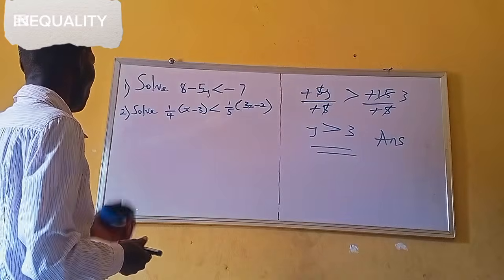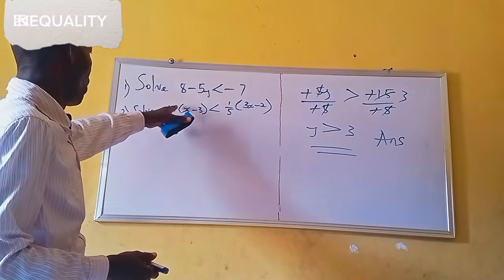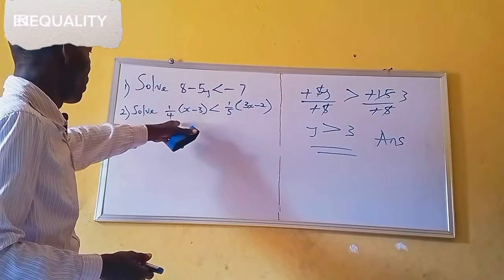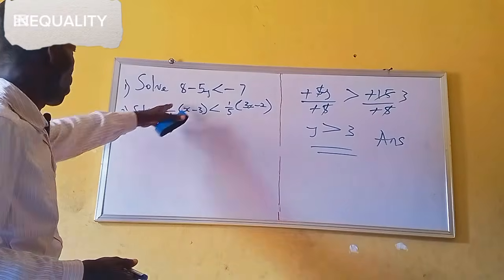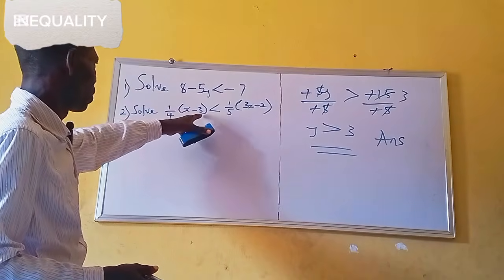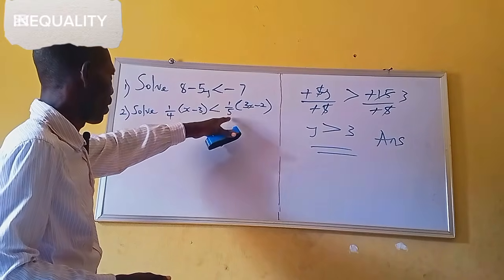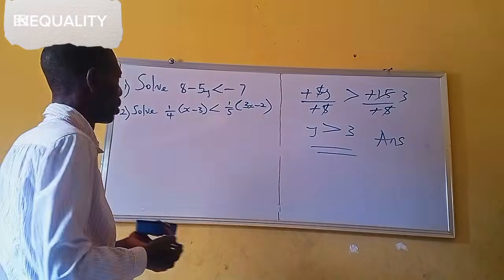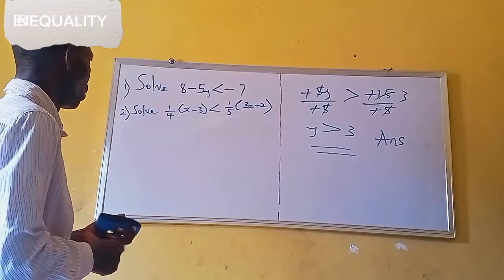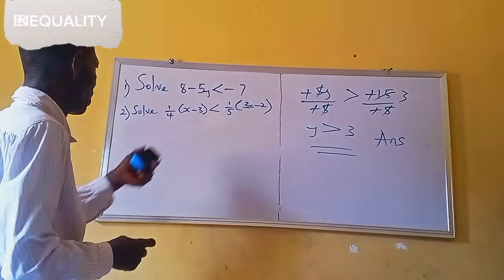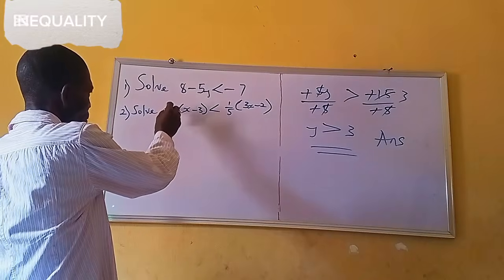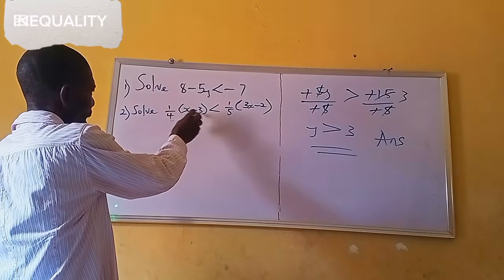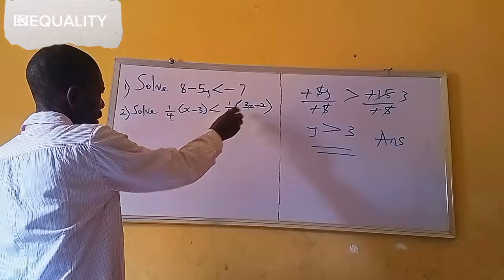Now, the second question says solve. This one is involving a fractions. Solve 1 over 4 times x minus 3 less than 1 over 5 times 3x minus 2. So what you need to do in this regard is you multiply 1 over 4 by this, and you multiply 1 over 5 by this.